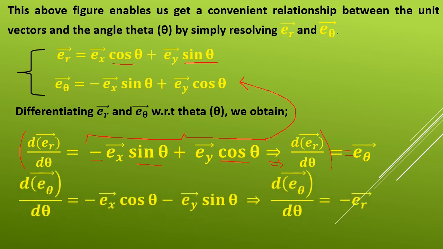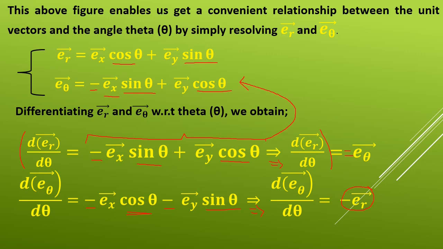Similarly, when you differentiate E theta with respect to theta, you are going to obtain negative EX cos theta. So your negative sign is maintained, your EX is a constant, it's maintained, and your sine theta when differentiated gives cos theta. And when you differentiate cos theta, you obtain negative sine theta. And this implies the derivative of E theta with respect to theta is equal to negative ER.